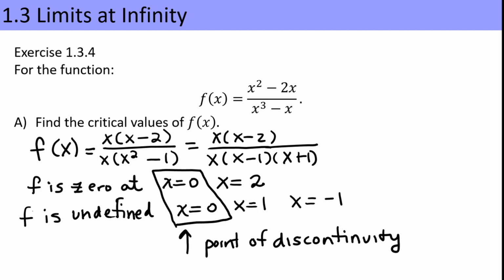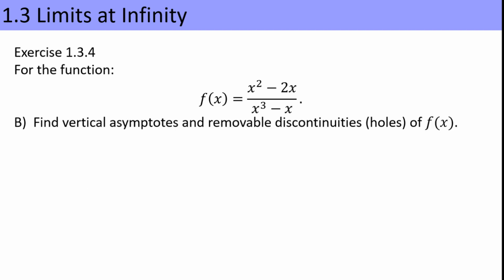Let's continue. Part B. Find the asymptotes and removable discontinuities, which we call holes, of f of x. And we recall from the previous work we did that x equals 0 was a critical value for both the numerator, making the function equal 0, and the denominator, causing the function to be undefined.